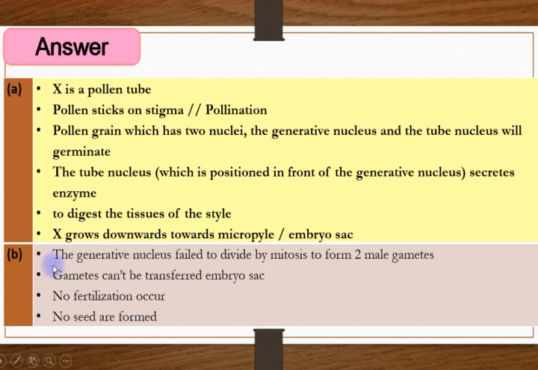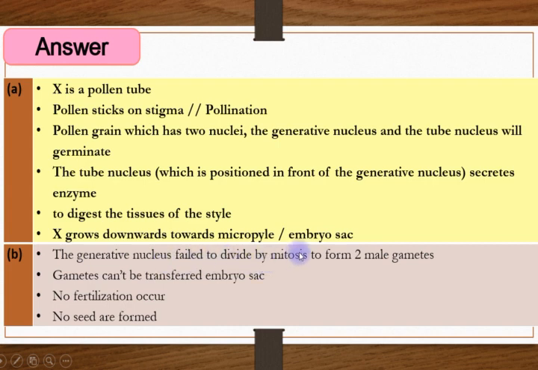Okay, question B. What happens if the pollen tube, or structure X, does not develop? The generative nucleus fails to divide by mitosis to form two male gametes, because the pollen tube is not formed.